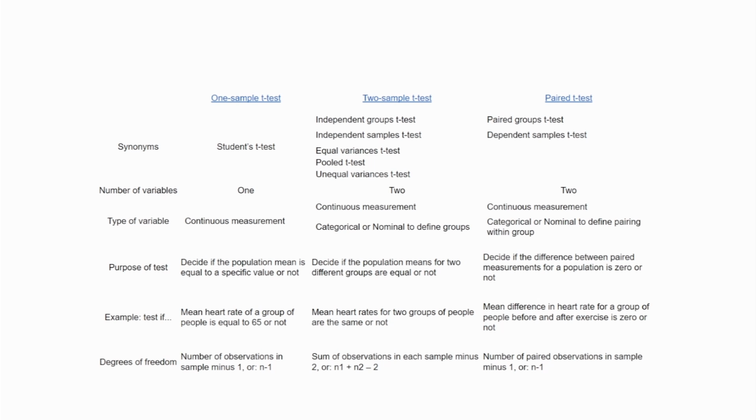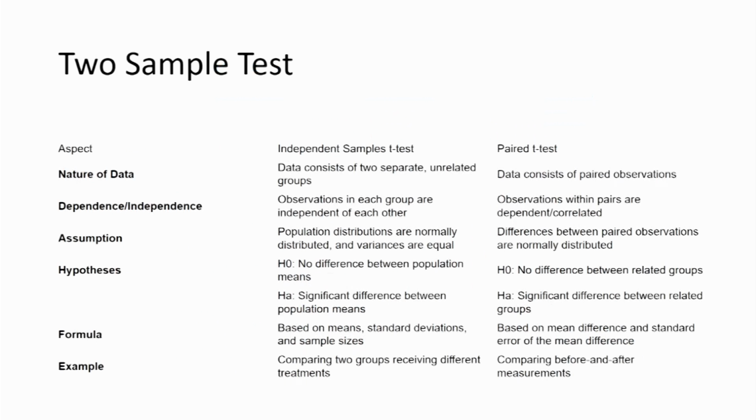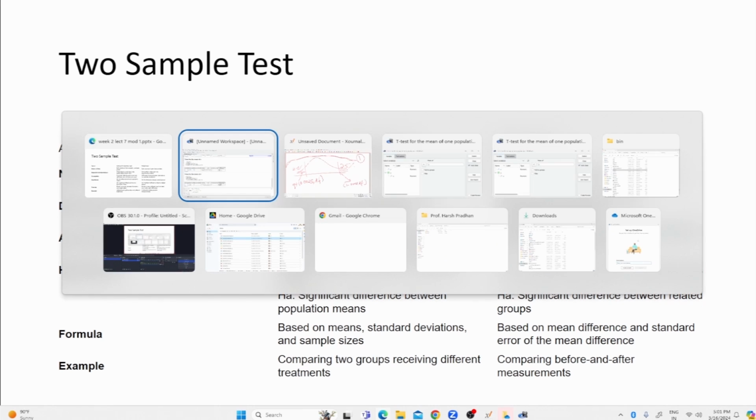This difference is what we have to understand a lot. Two sample t test are of two categories: independent sample and paired or dependent sample. Okay. Now, please understand what does it mean. This is where we have to understand things. I will again go to my board.